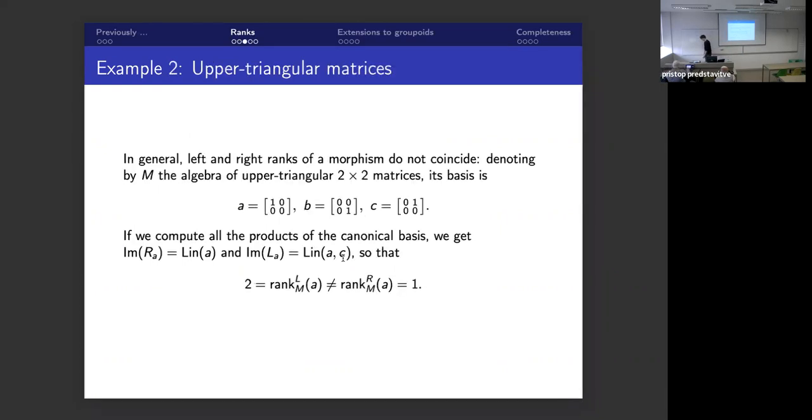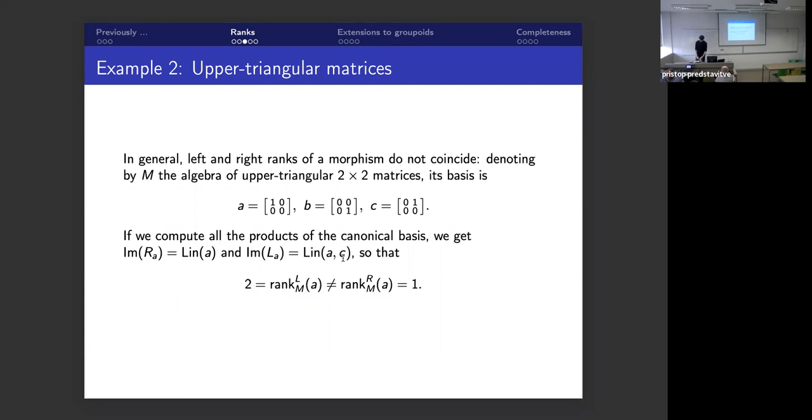So, the very next example that I want to show is again linear and one object, the example of upper triangular matrices. If you consider 2 times 2 upper triangular matrices, in the very same way that we just did, we can compute the images of right translation by these 3 elements, or the left ones.